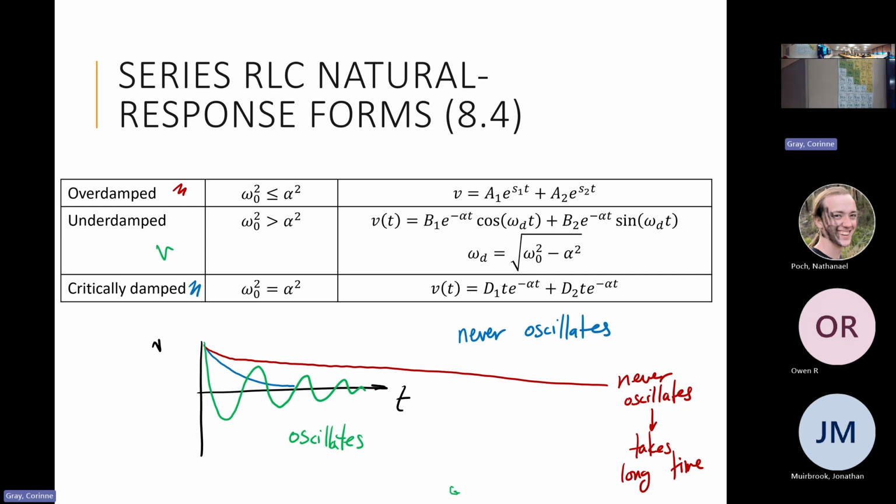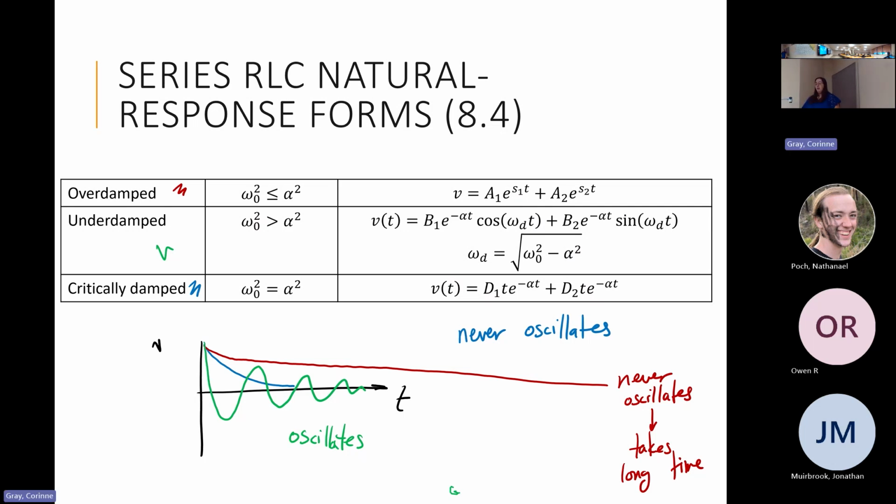The negative exponential part gives us what's referred to as the envelope, which is going to shrink it as time goes on. So depending on the relationship between resistor, capacitor, and inductor, it tells us how eventually the circuit voltage and current will go to zero.